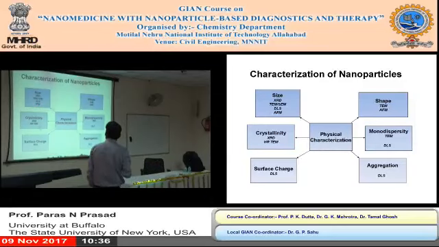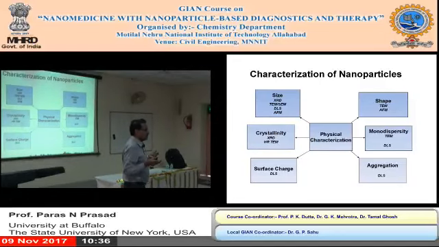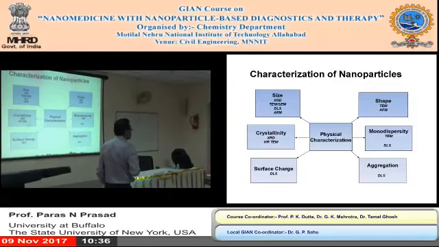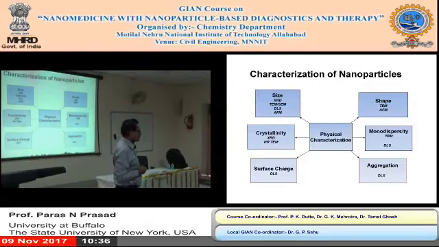Or you can do AFM of the dried sample. And if it is crystalline, what kind of crystal phase it has, like I showed to you in case of erbium, that it could be hexagonal or cubic. So you want to determine that, and for that you do X-ray diffraction or high resolution transmission electron microscope.